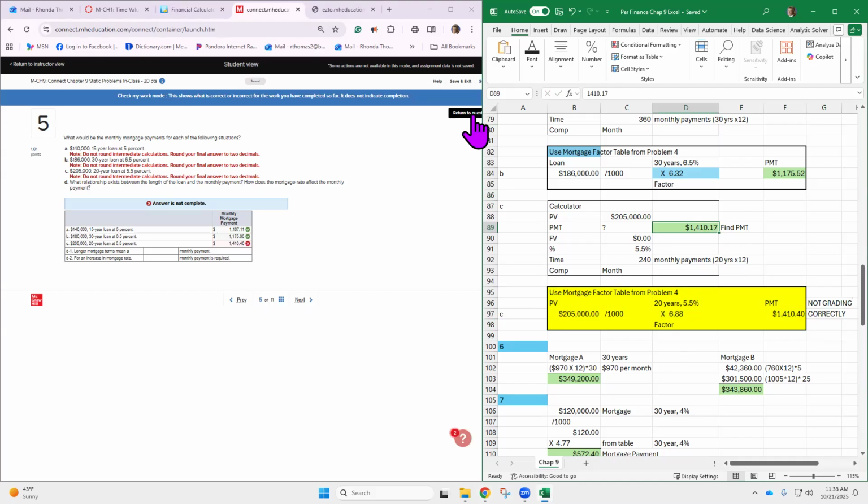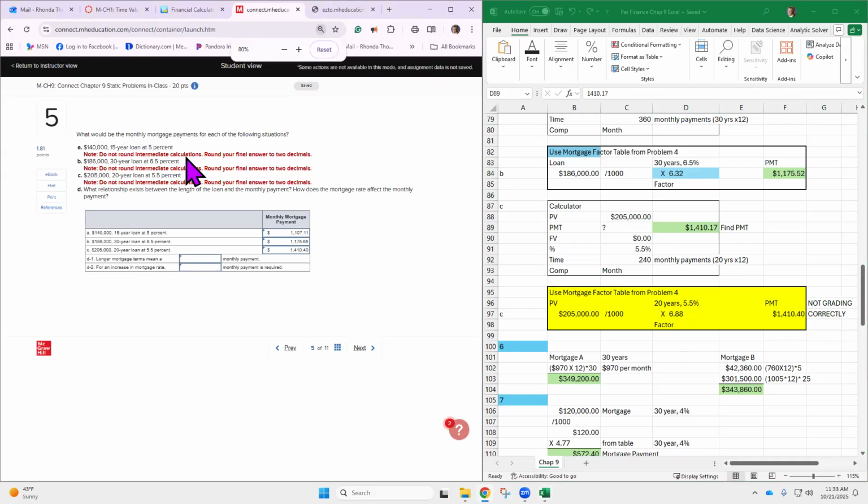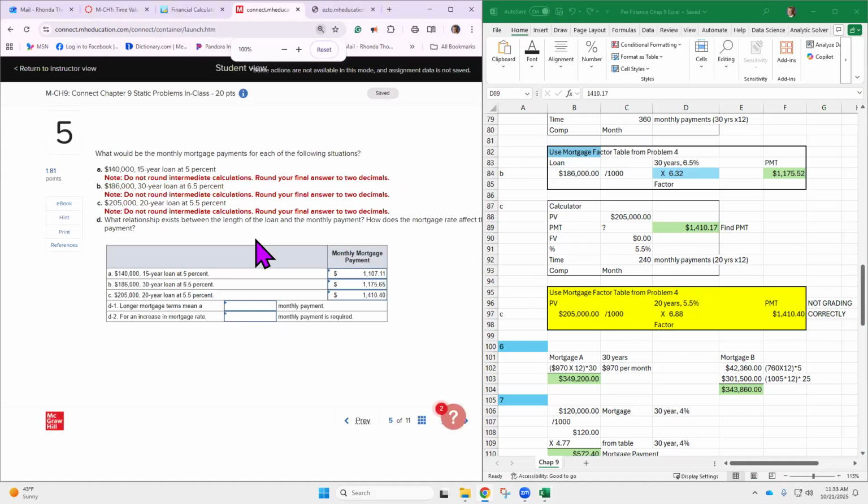Okay, so what have we learned from doing all this mortgage stuff? Hopefully we've learned that the longer the mortgage is, the lower your payment will be.